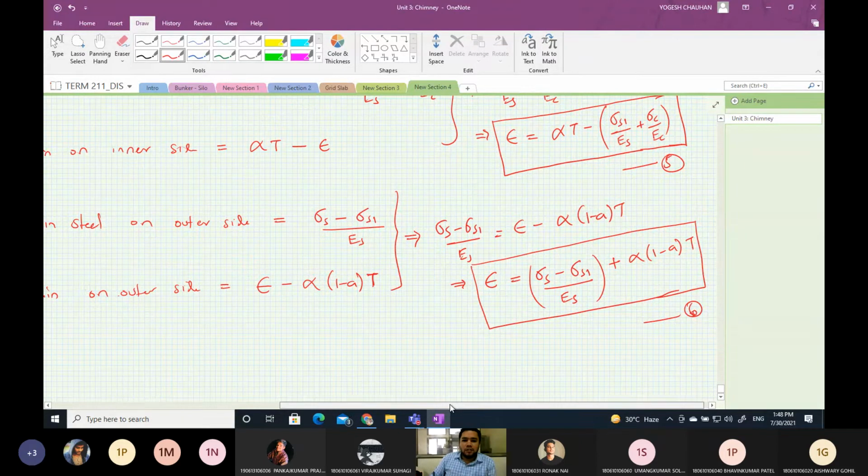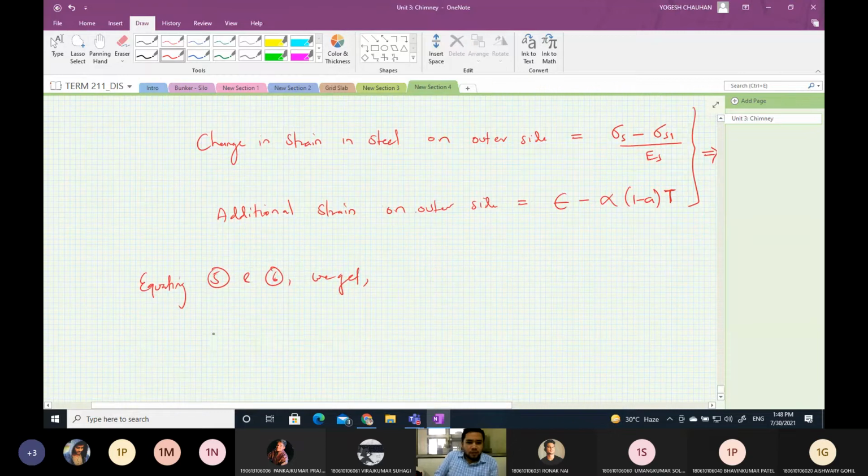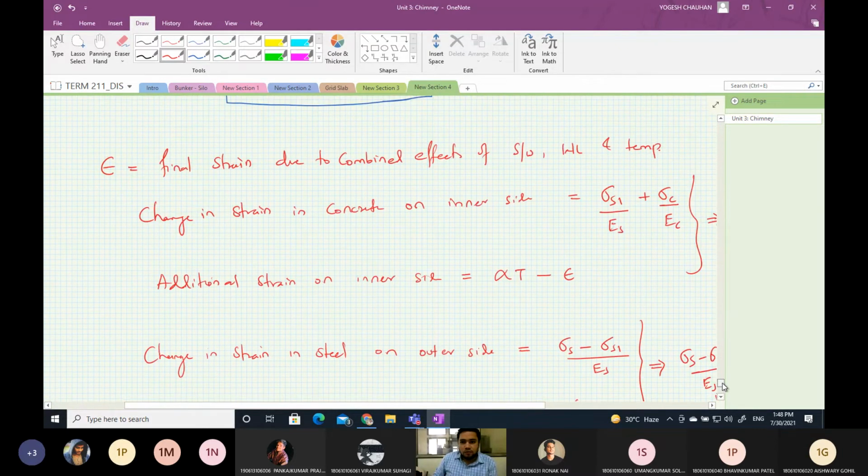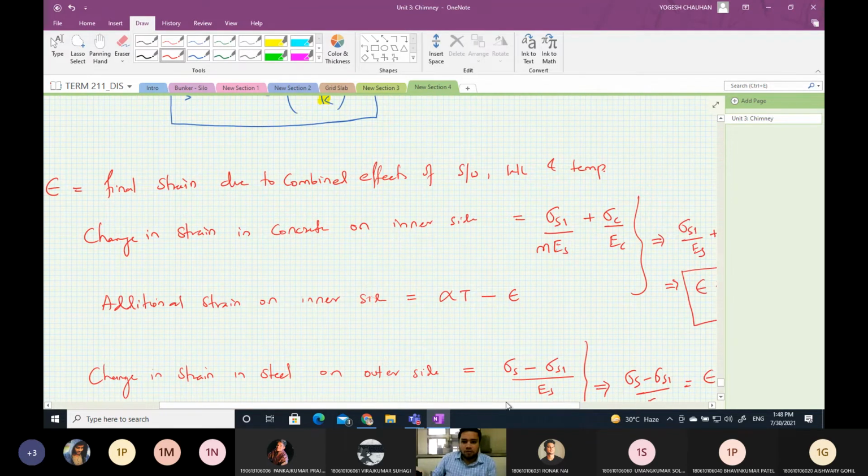Now equating 5 and 6, we get epsilon equals alpha T minus sigma s1 by Es. Okay, this has to be m times the modular ratio, because we have to convert this into equivalent concrete.